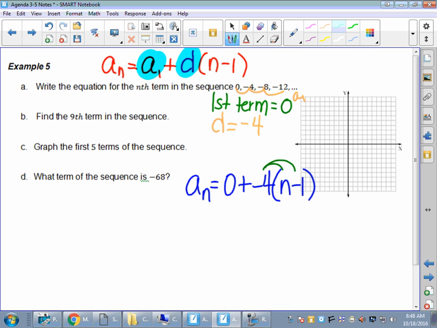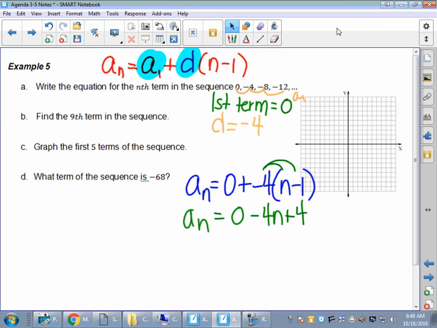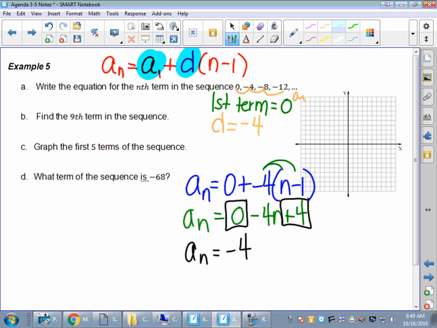Let's distribute. So a sub n, negative 4n, everybody agree with a plus 4 there? And I have a 0, I don't necessarily need to write it, but my final answer, even if I combine these like terms, which seems a little strange, would be negative 4n plus 4.